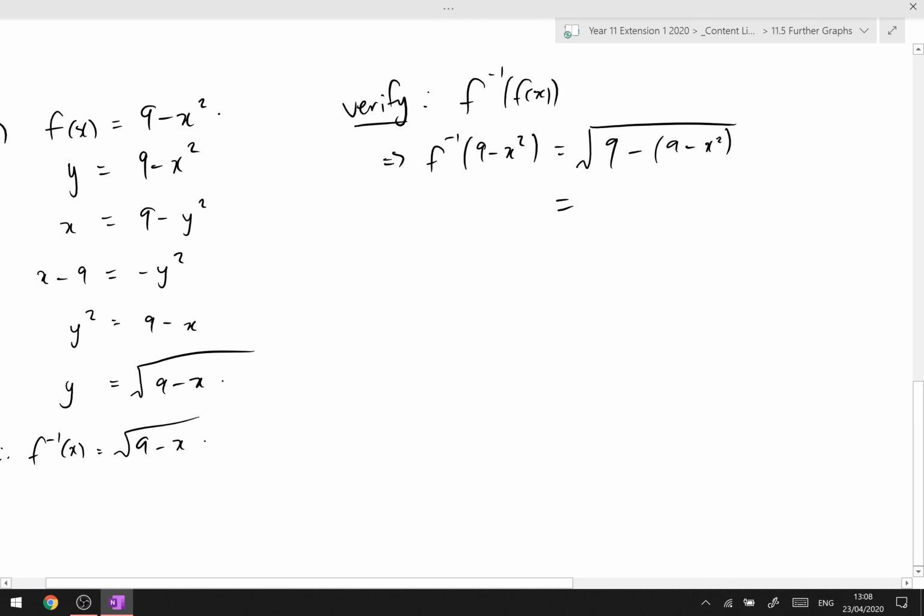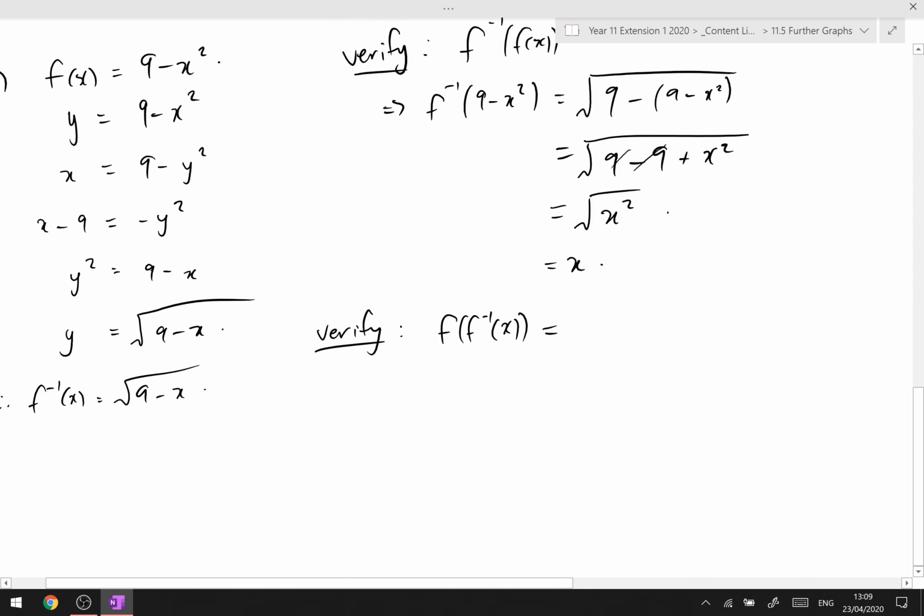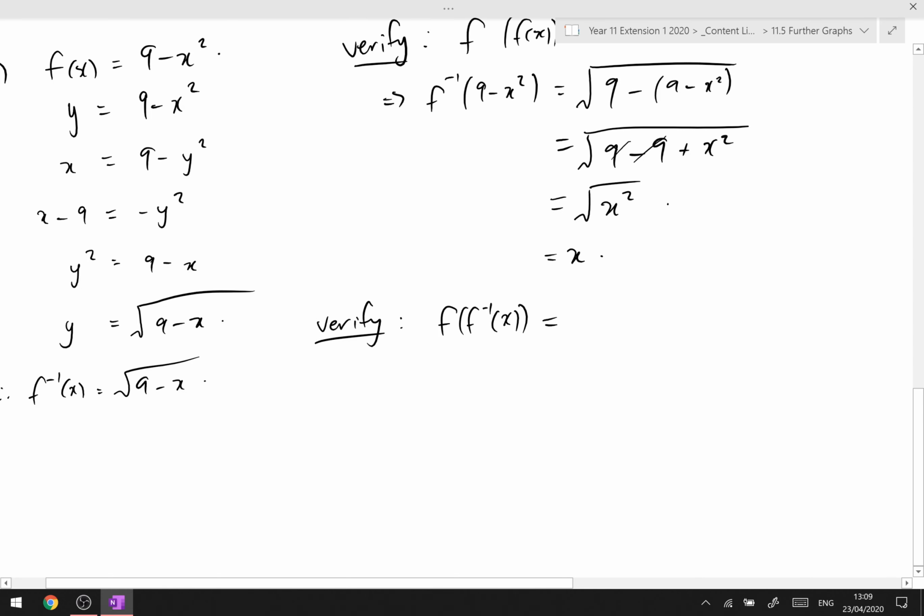Now we need to verify the other one. So f of f of negative 1 of x, which is equal to, I'll write it down here. So we're going to write that as f of negative 1, which is the square root of 9 minus x.